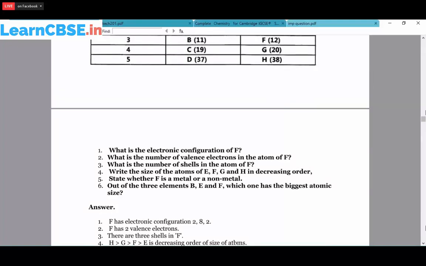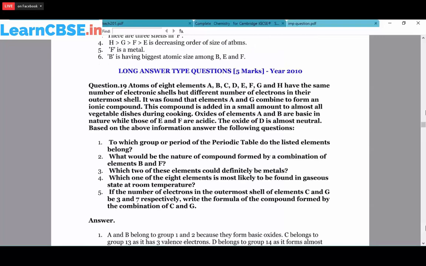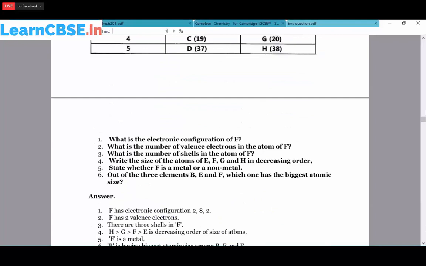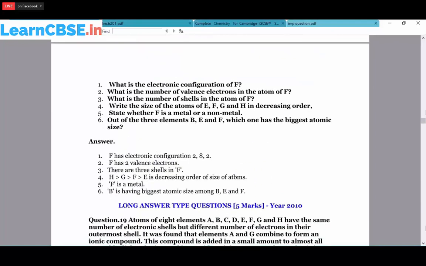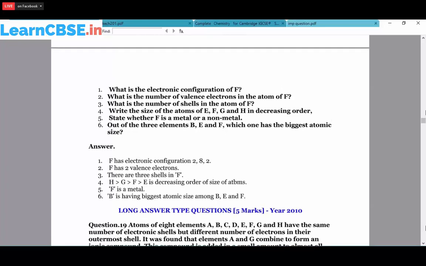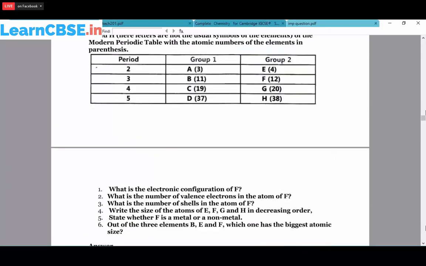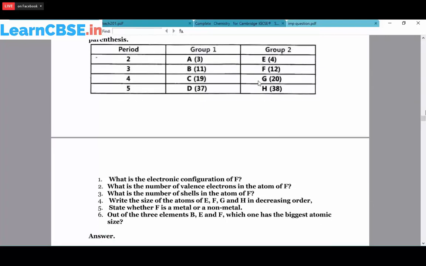Out of the three elements B, E and F, which one has the biggest atomic size? Okay, B, E, F. So which one is having the biggest atomic size?